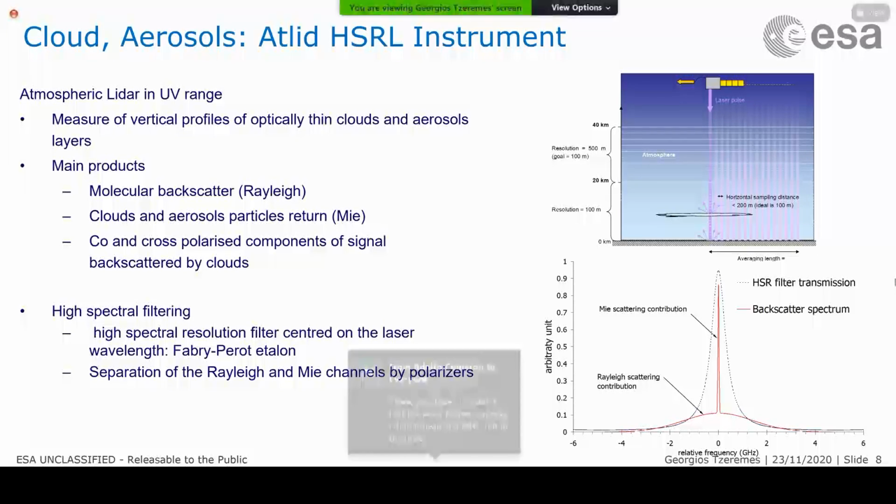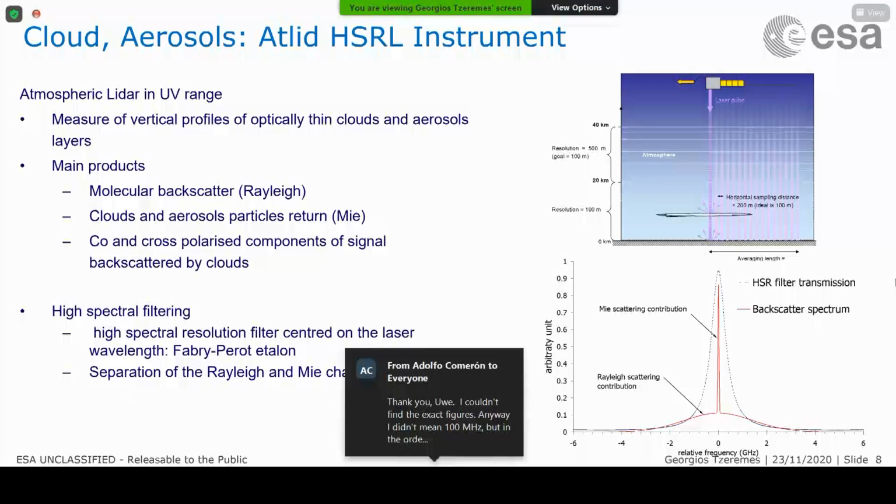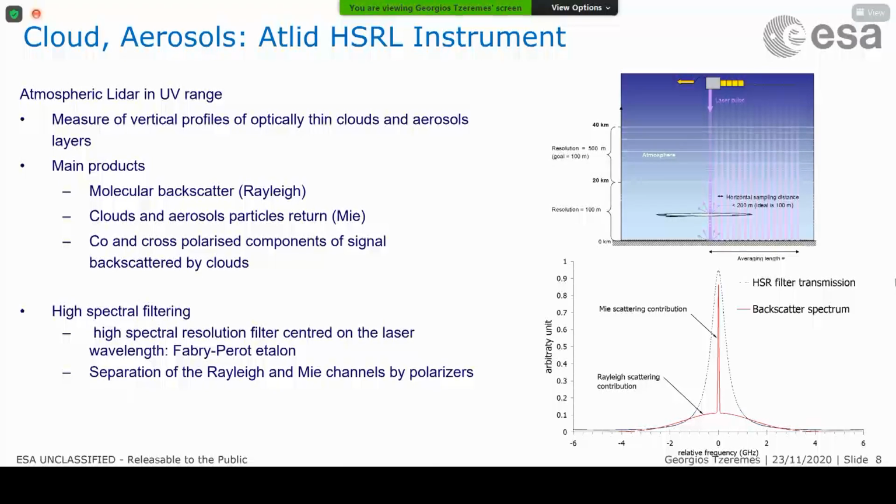It's really critical to mention that the difficulty of this technology is not specifically on the receiving side, which is also quite hard, but it's predominantly in the emission, because you need to have a very stable laser source, which I will explain later why it's so tricky and critical. And it has to be seeded.